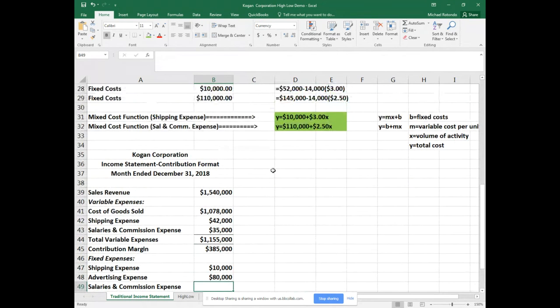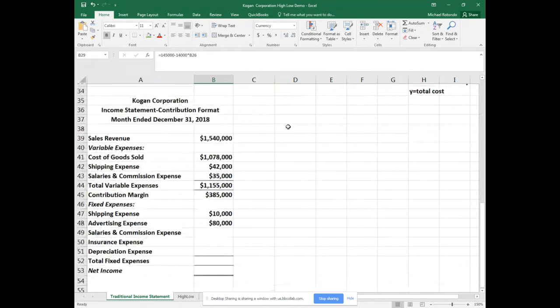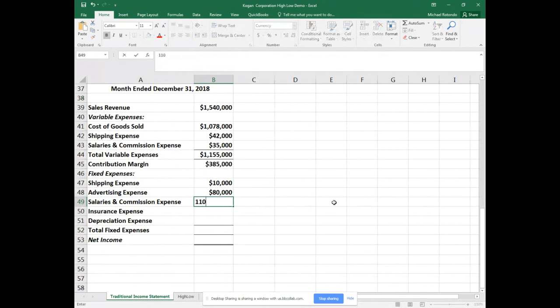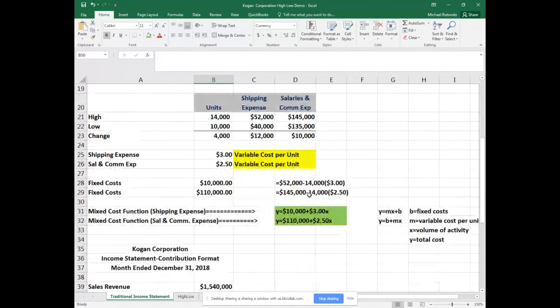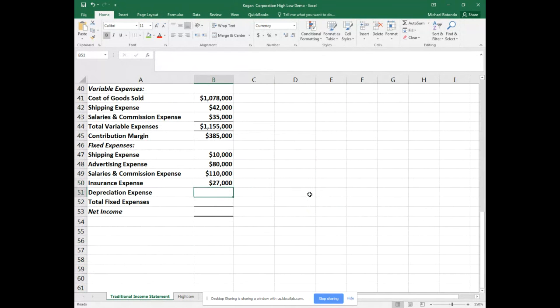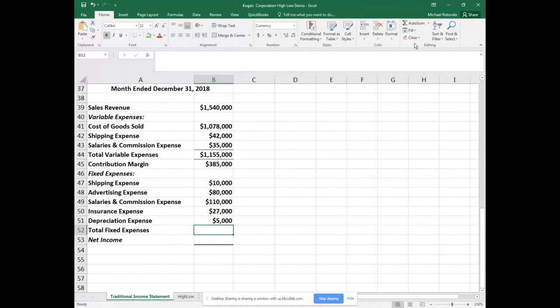Salaries and commissions is a mixed cost, and we calculated the fixed portion of that, $110,000, and then we put that in the mixed cost function. Our insurance expense was a fixed cost at $27,000, and depreciation was also a fixed cost at $5,000.